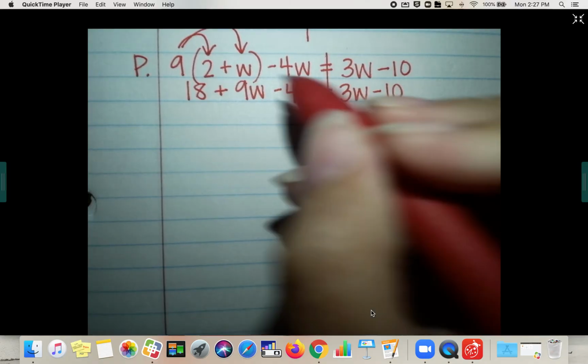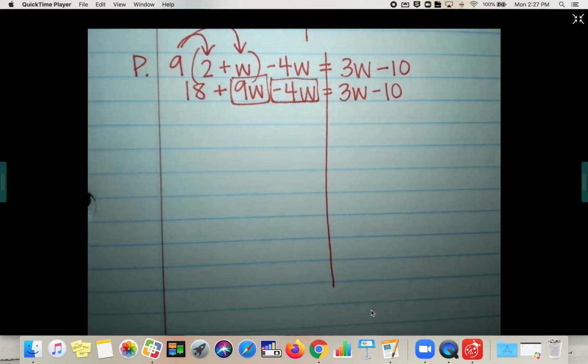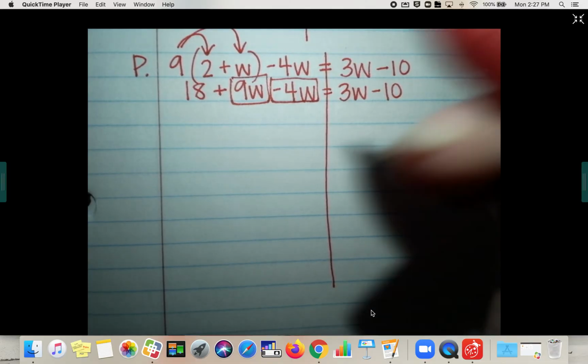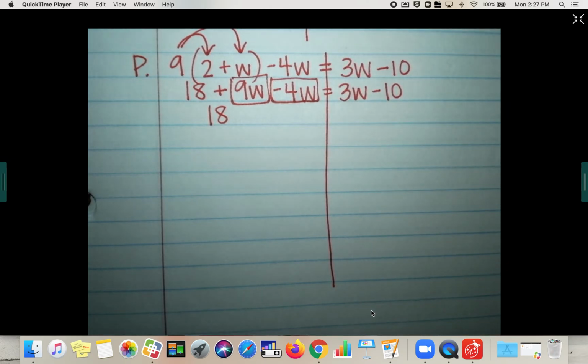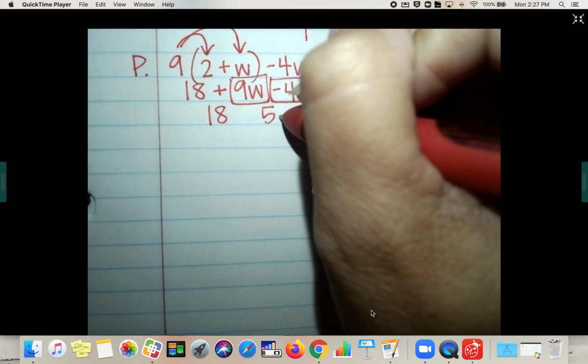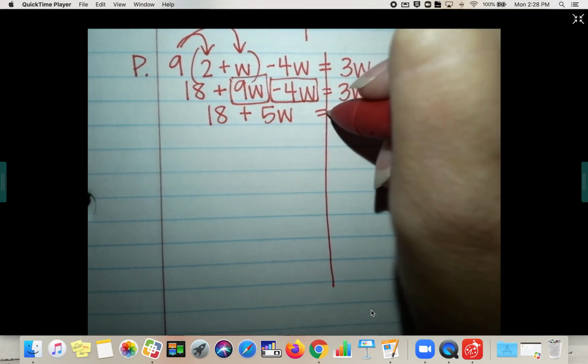All right, we've got some like terms. We have a 9W and a minus 4W on the same side over here. So I'm going to bring down my 18, and then I'm going to combine 9W minus 4W, which is 5W. And since it's positive 5, I want to put a plus in between.